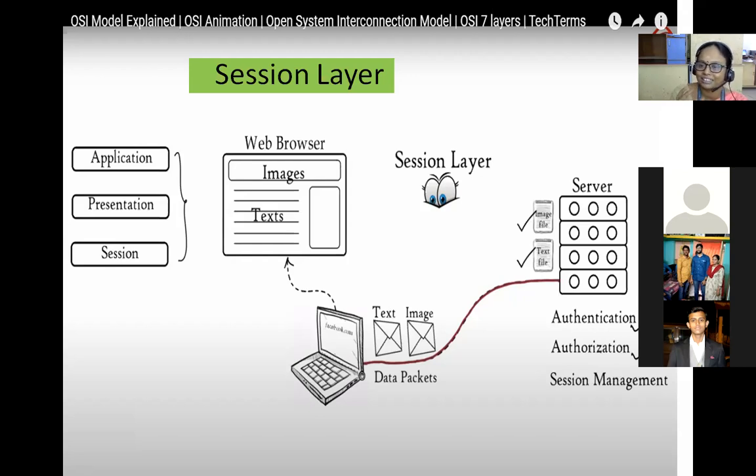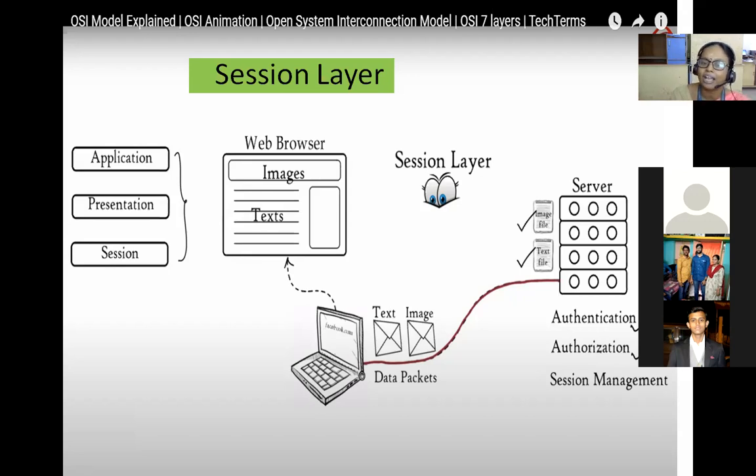We all know the text will be converted into one kind of data packets, and images will be converted into other packets. All this will be done by the session layer, so the session layer does all the session management. The best example: we have so many workers in our campus. Some are responsible for taking classes, some for cleaning, and some are the staff responsible for technical handling of the lab.